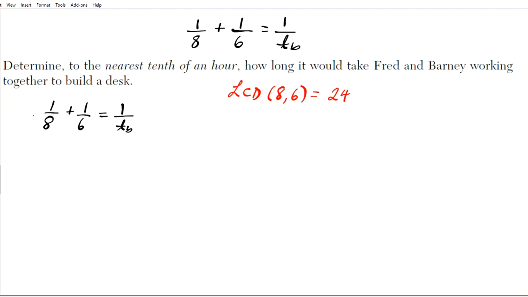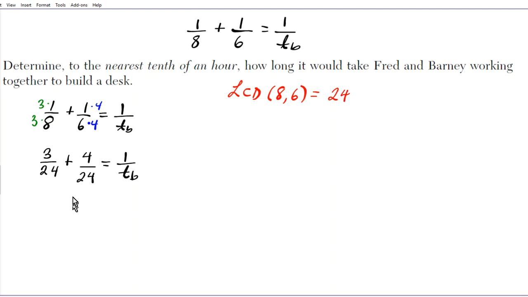So multiply 1/8 by 3, top and bottom, and then multiply 1/6 by 4, top and bottom. And then we're going to have 3 over 24 plus 4 over 24 equals 1 over t sub b.